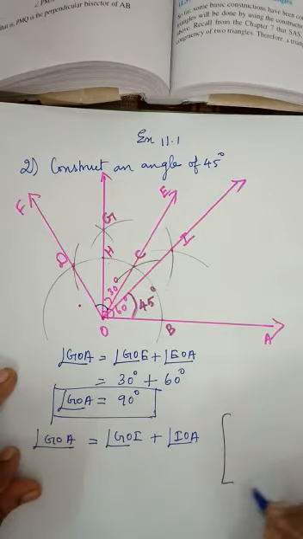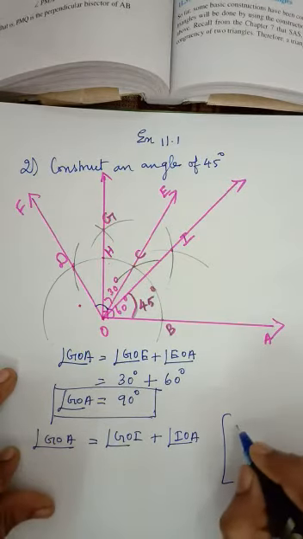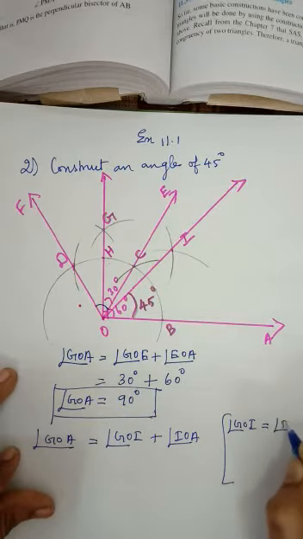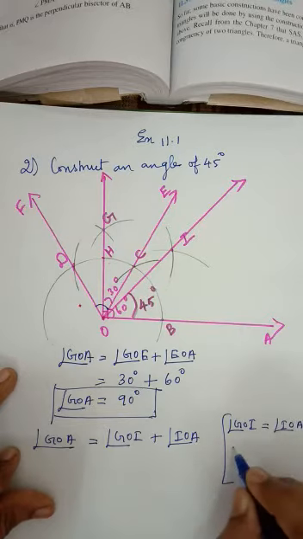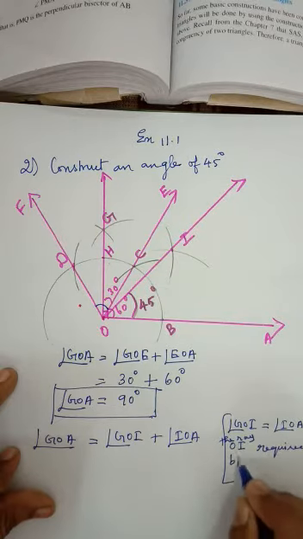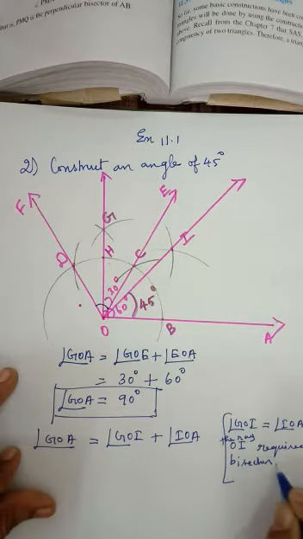Here I have said that angle GOI is equal to angle IOA because the ray OI is the required bisector of angle GOA.